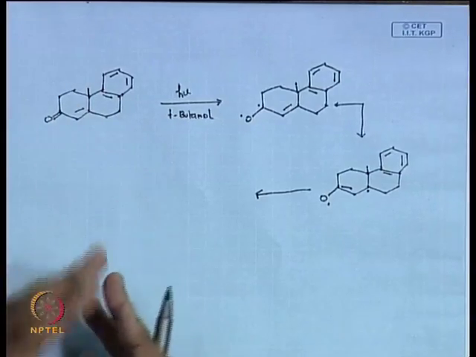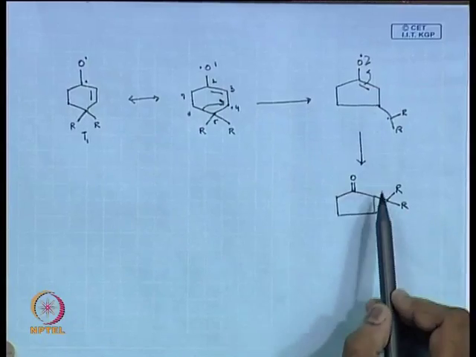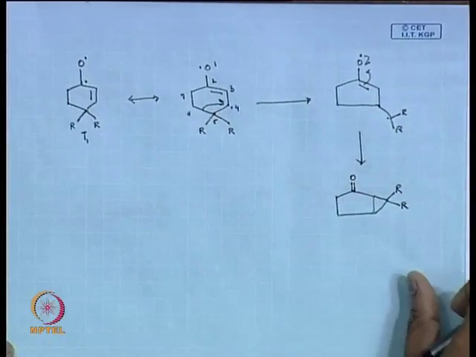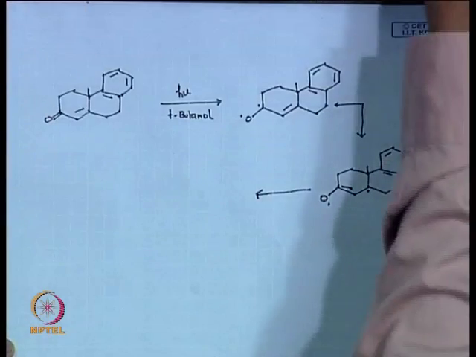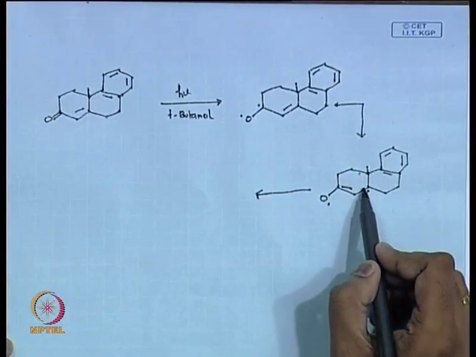It's the same analogy, because you tried with the cyclohexanone system, a one-membered cyclohexanone. Now I am just using this. What happened there? Once you get this, you get a shift, right? So why can you not think the same way here? I can just shift this.